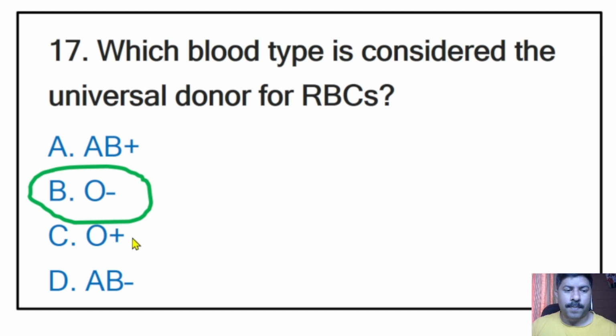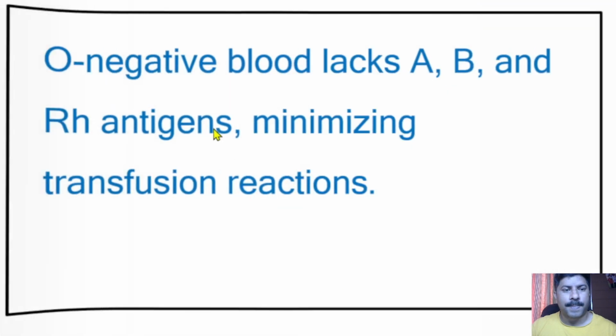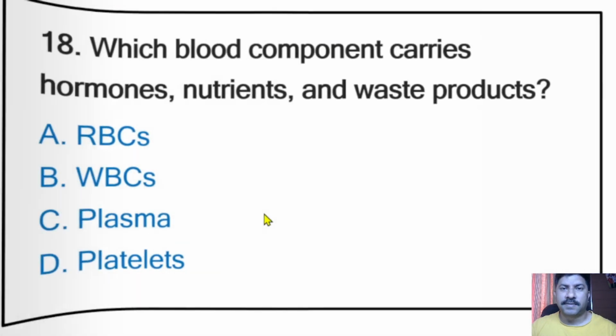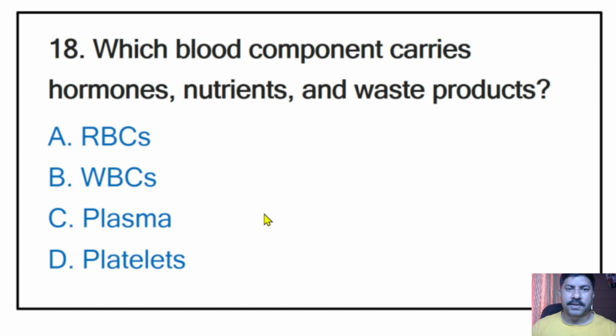In the case of O positive, there will be RH antigen, but in the case of O negative, negative means there is no RH antigen. O negative blood lacks A, B and RH antigens, minimizing transfusion reactions. That is why it is known as universal donor. So which one is known as universal recipient? You can comment it below.